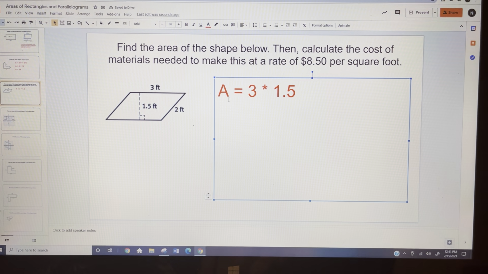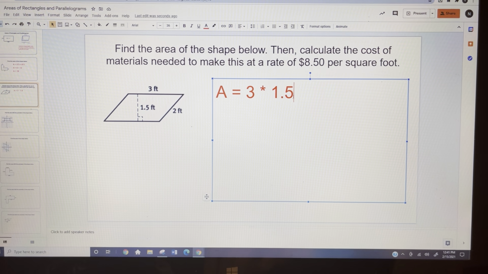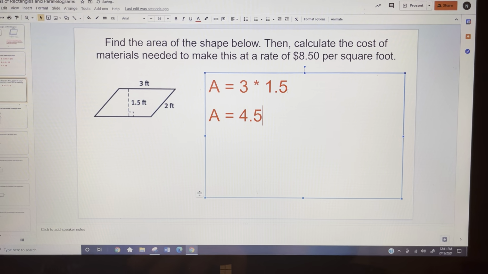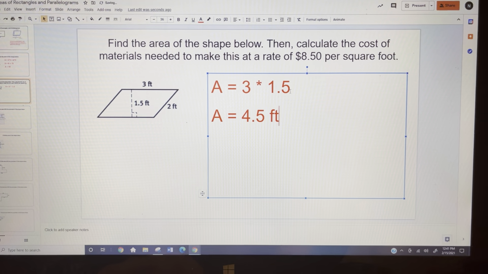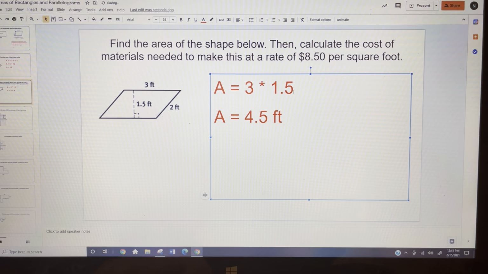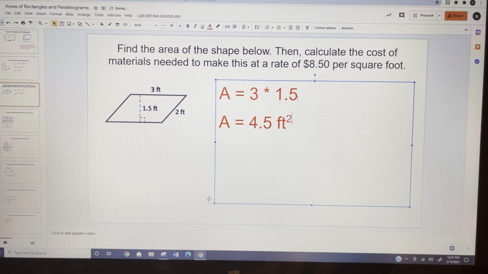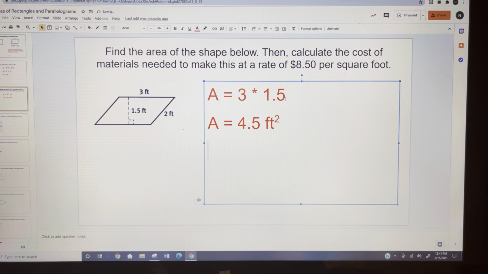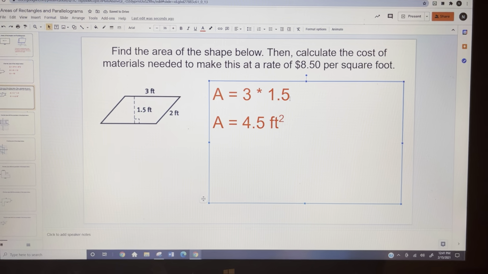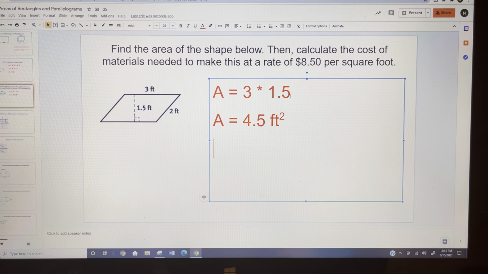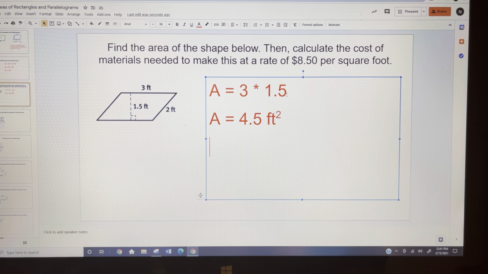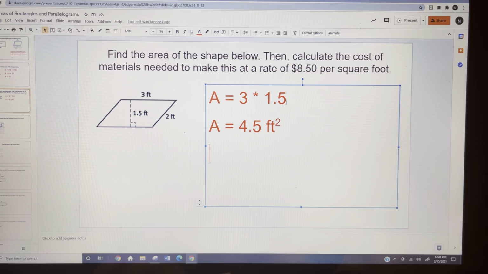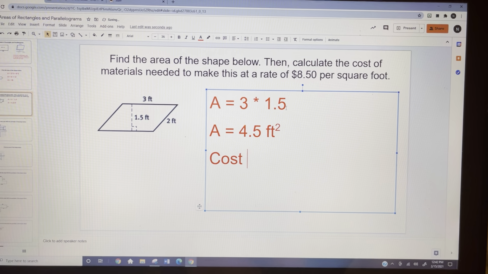Now, if I had units written here, it would be 3 feet times 1.5 feet. That area is 4.5. If I put the unit with that, it would be 4.5 feet squared, or square feet, which is what I need to be able to calculate the cost. So if there are 4.5 square feet, and each of those square feet costs $8.50, then to get the cost, I just need to multiply those two numbers.